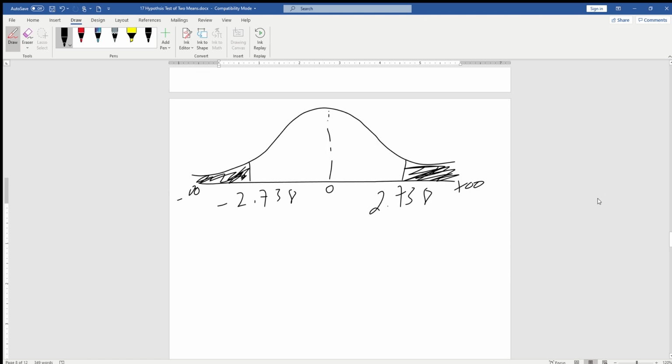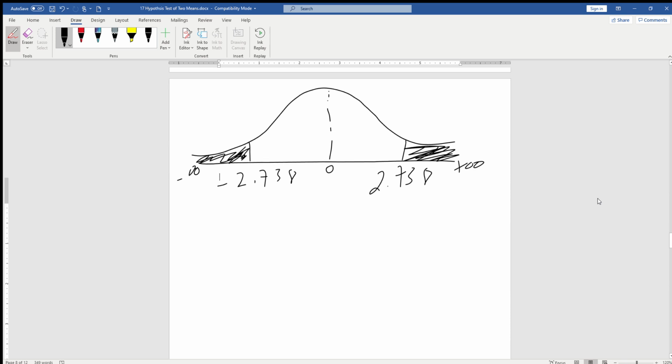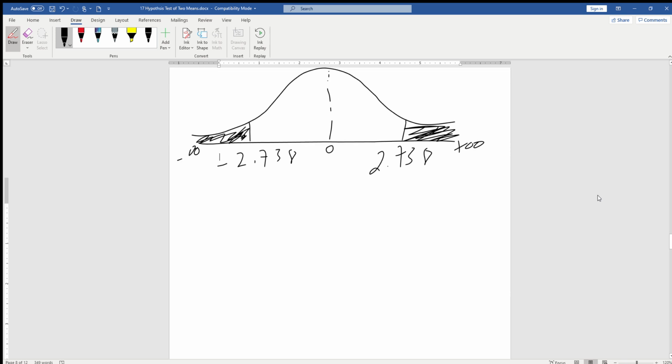Now we're going to compute the test value. This is where it gets a little bit tough. First, we're going to start with the S sub p. We subtract 1 from the first sample size, so that's 13.